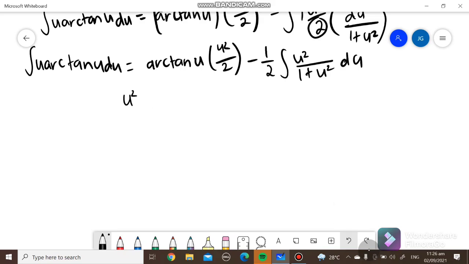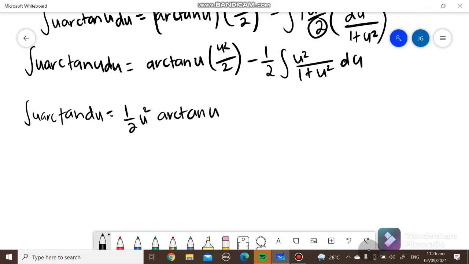We have the integral of u arctangent of u du is equal to 1/2 u square arctangent u. Ito, same lang to as ito, pero pwede nyo naman to ilagay na eh. Though, mas better if mas maganda tingnan, so kaya ginanyan ko. So, minus 1/2, the integral of 1 minus 1 over 1 plus u square.